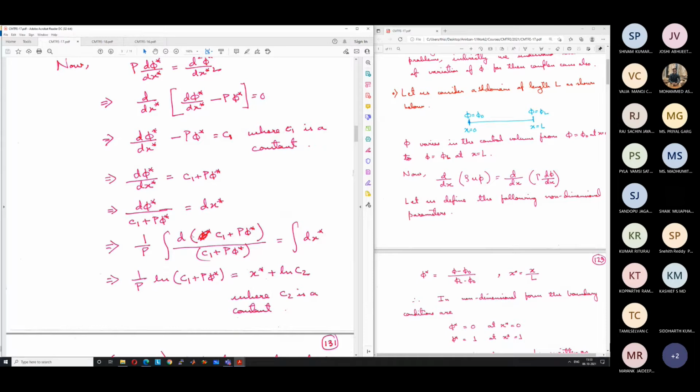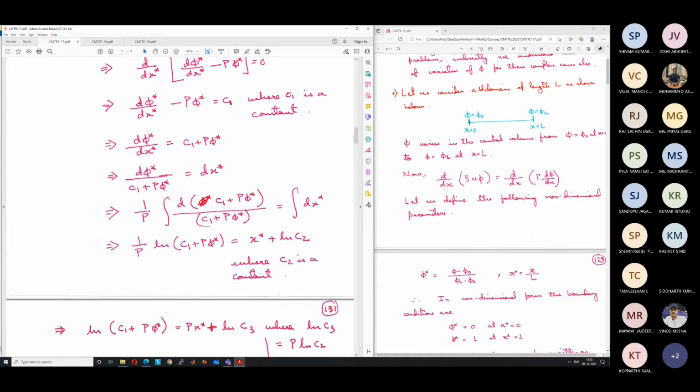So d of (C1 plus P phi star) is equal to P into d phi star. So that is why we have put this P here. Elementary integration, basically. d(C1 plus P phi star) divided by (C1 plus P phi star) is equal to the integral of dx star. So this gives us 1 by P ln of (C1 plus P phi star) is equal to x star plus log of C2, where C2 is another constant.